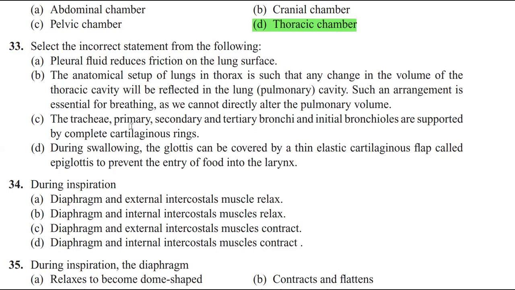The trachea, primary, secondary, and tertiary bronchi and initial bronchioles are supported by complete cartilaginous rings. It's not complete, incomplete, right? During swallowing, the glottis can be covered by a thin, elastic, cartilaginous flap-like structure called epiglottis to prevent the entry of food into larynx. Yes, it is true. Therefore, option C is incorrect.